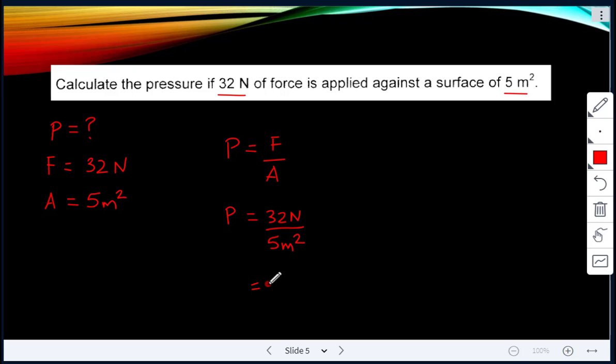Just 32 divided by 5, which gives me 6.4. All right, and notice here our units are newtons per meter squared, but we know newtons per meter squared is equal to pascals. So therefore, we just say 6.4 pascals.